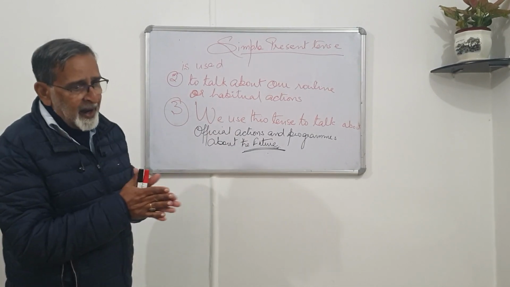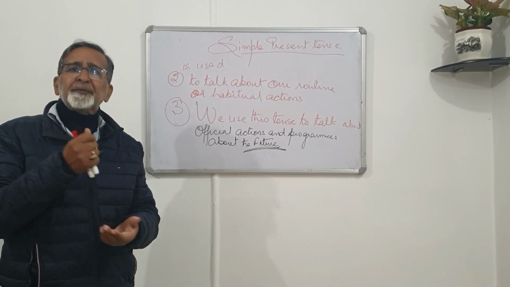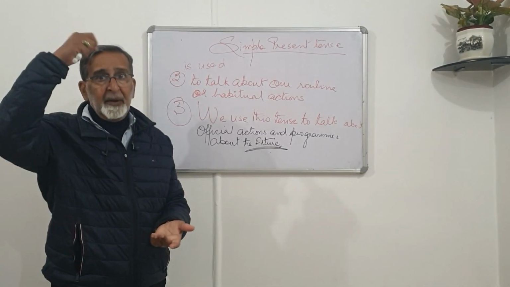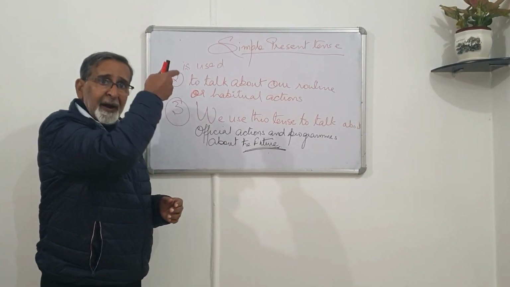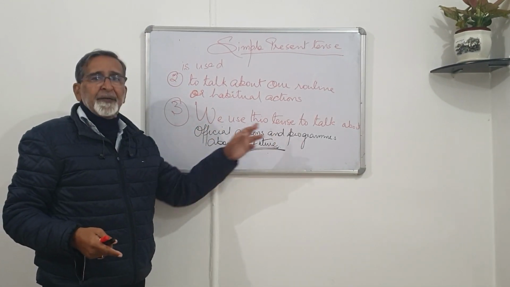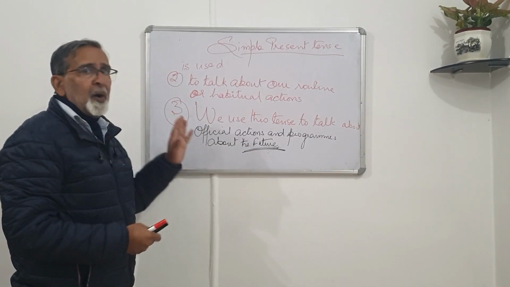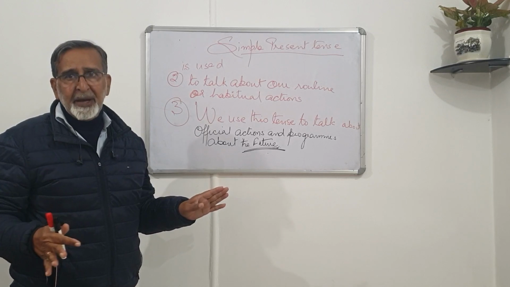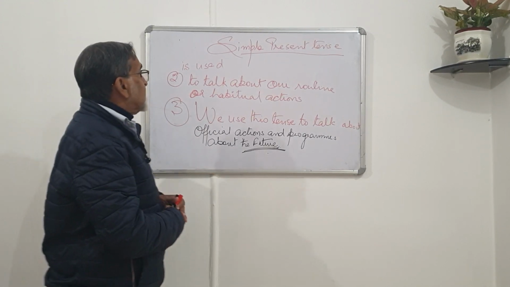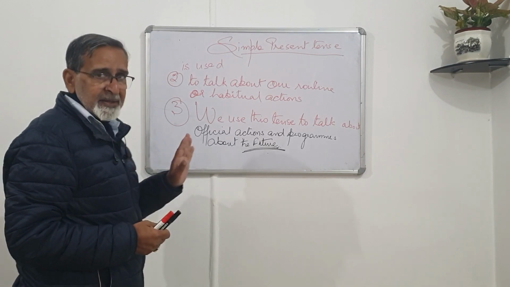Official programs are कि हमारे प्रधानमंत्री ने चाइना जाना है अगले 1st of March in 2025. 25 का प्रोग्राम अभी से बन गया, तो अभी से उसकी तैयारियां शुरू होंगी. सो दैट बिकम्स एन ऑफिशियल प्रोग्राम. डू यू अंडरस्टैंड दिस? सो दीज आर दी 3 यूजेस ऑफ सिंपल प्रेजेंट टेंस.